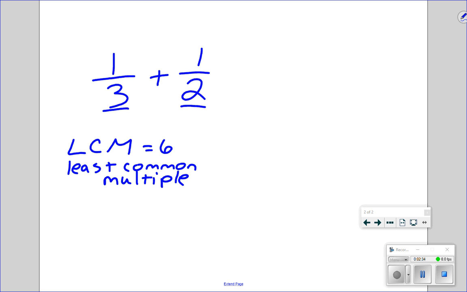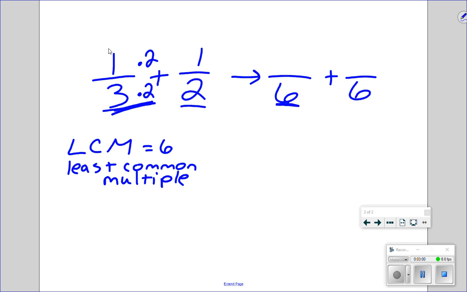So I'm going to rewrite both of these with a denominator of 6. And to do that, I can take any fraction, and if I multiply the top and the bottom by the same thing, I'm not changing what that fraction means. I can take 1/3 and multiply the top and the bottom both by 2 in order to get that denominator to be 6 like I want.